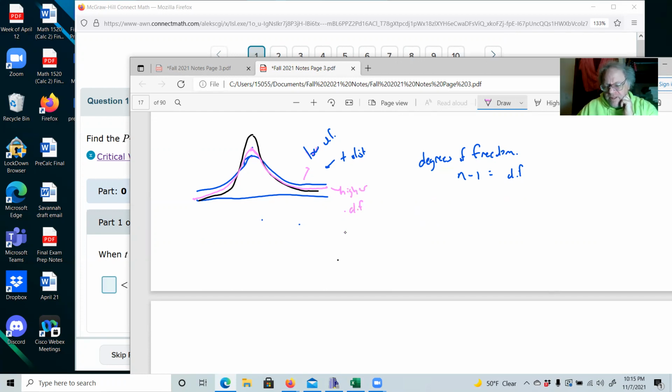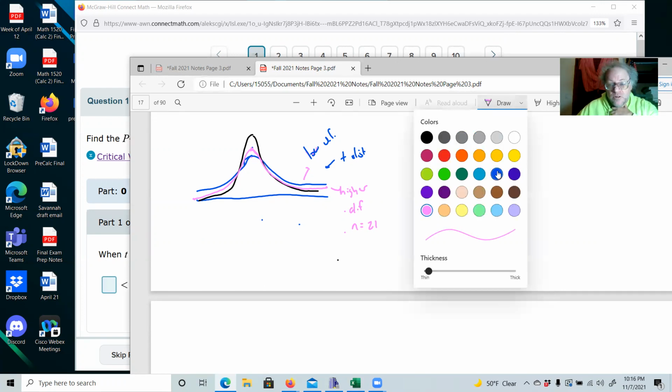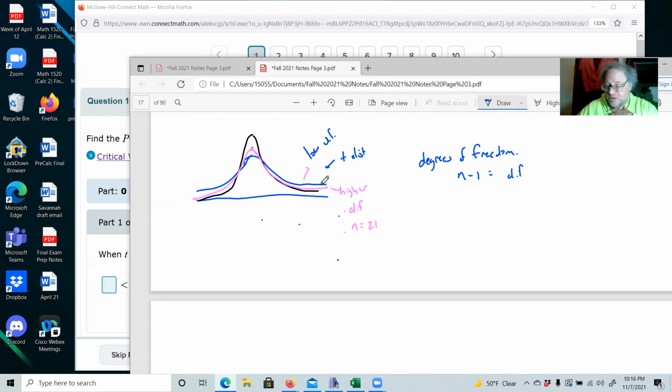The blue one might be 5 degrees of freedom, so n would be 6, and by higher df I would mean maybe 20, so the sample size would be 21. So it's mostly like a normal distribution, but it allows for a little bit more error in the tails.